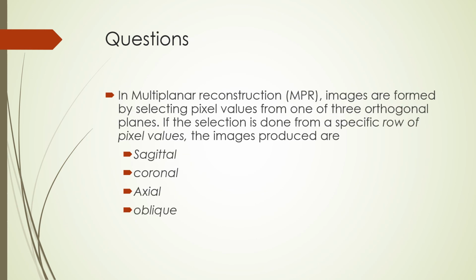Next question. In multiplanar reconstruction, images are formed by selecting pixel values from one of three orthogonal planes. If the selection is done from a specific row of pixel values, the images produced are, and your choices are sagittal, coronal, axial, oblique. The correct choice is coronal.